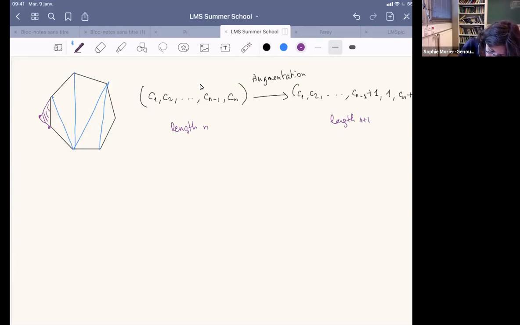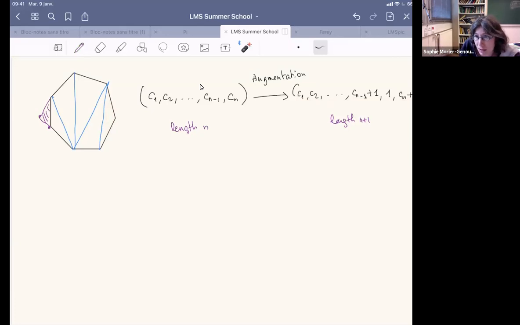But we can also do the opposite, taking a quiddity sequence. Maybe not obvious, but if you think about it or convince yourself with an example, it's pretty clear that in a triangulated n gon or n plus 1 gon, I can always find in the quiddity sequence the number 1. There are always triangles at the exterior, at least 2 triangles like that.